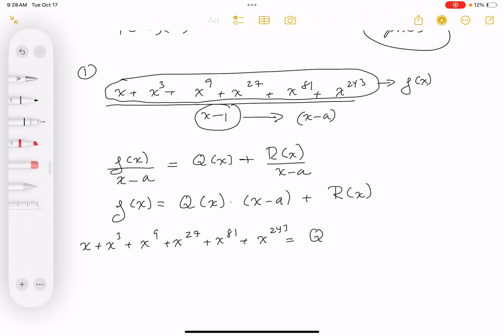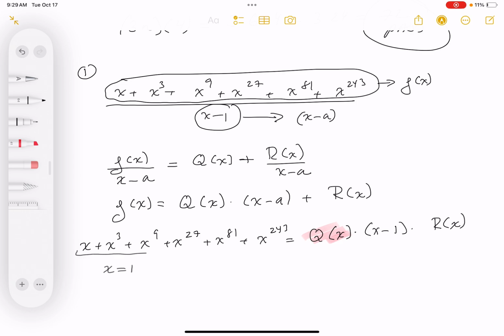I didn't do the division. I don't know what that is. And then it's going to be x minus 1 times r of x. By the way, this is the very difficult thing to get over here. However, I want it to disappear. So to get it to disappear, I'm going to choose x to be equal to 1.